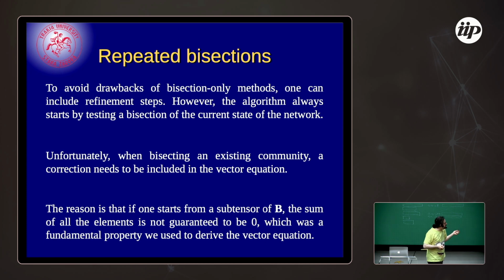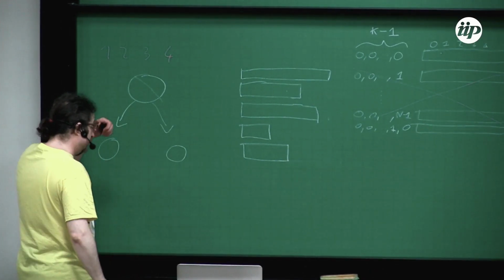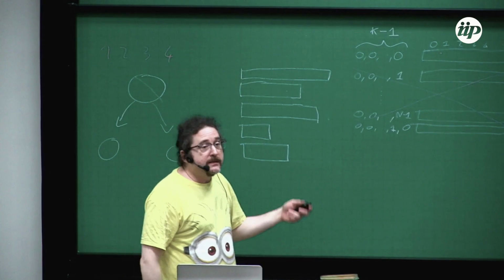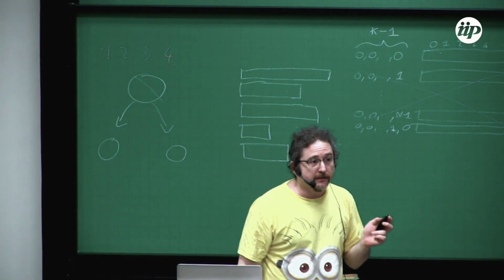And the reason why it screws up everything is that suppose that I start from here and I end up with 1 and 2. One of the main ingredients of the proof before was that the sum of all the elements of B was 0.